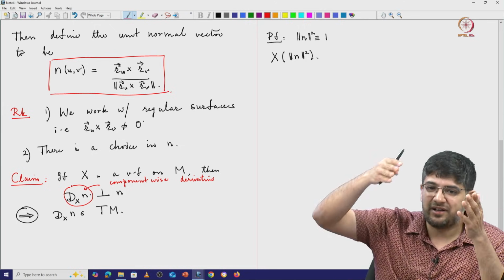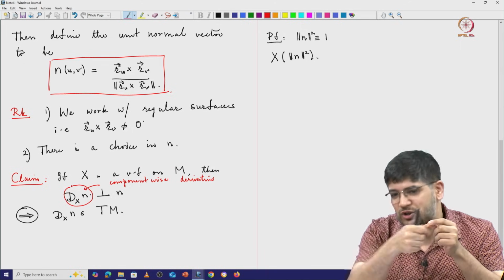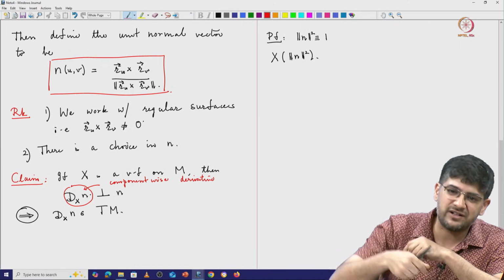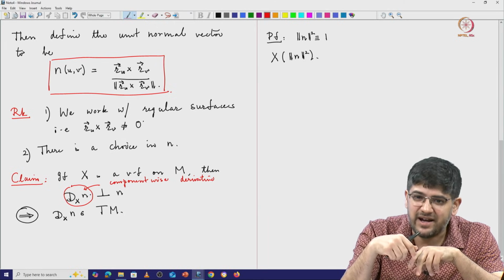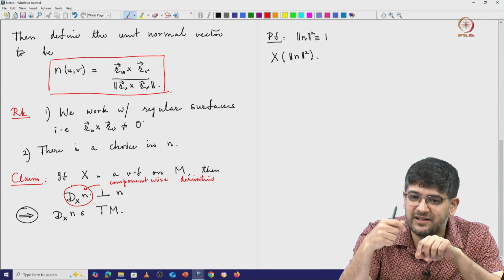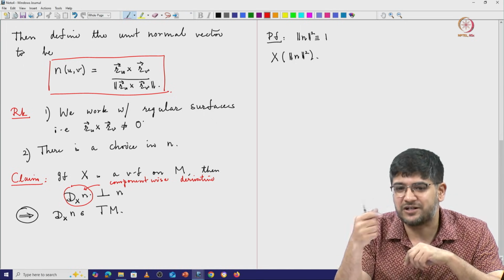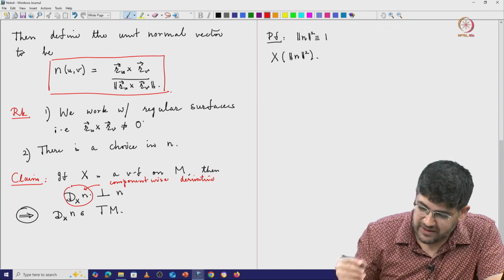This n can be thought of as essentially three functions, right? The component along the x direction, the component along the y direction, the component along the z direction. So when I write dxn, I basically calculate the vector that is obtained by calculating the directional derivative of each component of n, right?